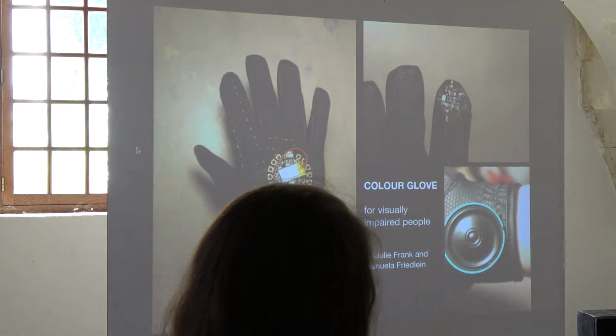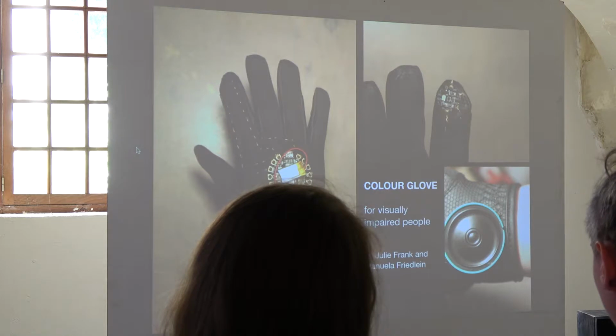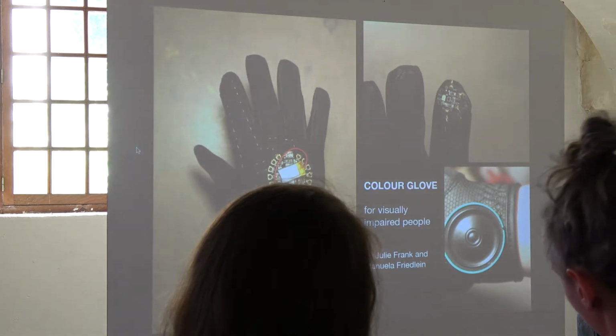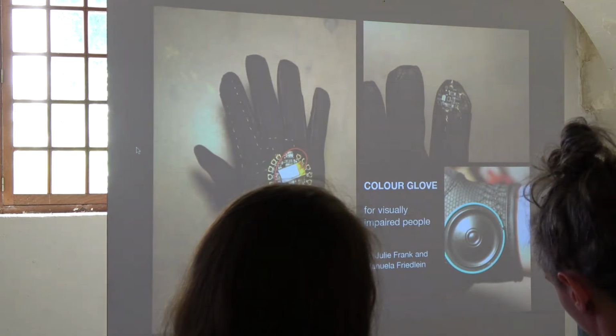There were 4 groups in the end. One of them focused on visually impaired people, and they made this color recognition glove, which translated specific colors into specific sounds. This also came out of discussions. They went online on a forum for blind people and tried to test out their ideas.